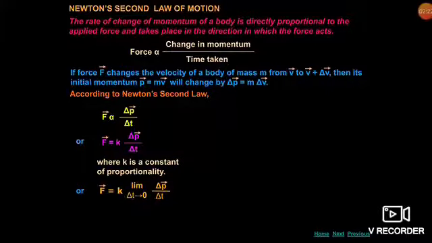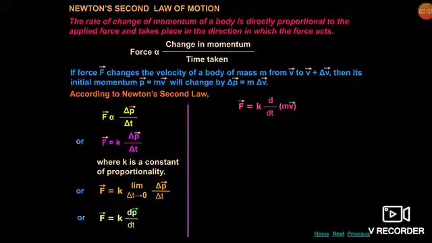In the next step we write F is equal to k limit delta t tends to 0 del p upon delta t. We know that when we take the limit del t tends to 0, the denominator becomes very small and it converts into an instantaneous value. So it will be written F is equal to k dp by dt.